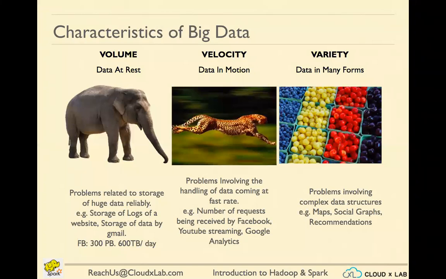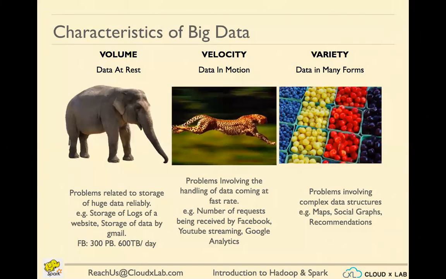The second part is velocity, whereby we have a problem in which we have to handle fast incoming data. For example, right now, the webinar I'm giving is being copied to 89 parallel users.